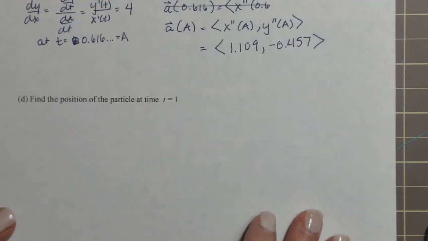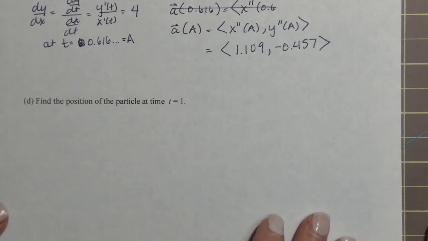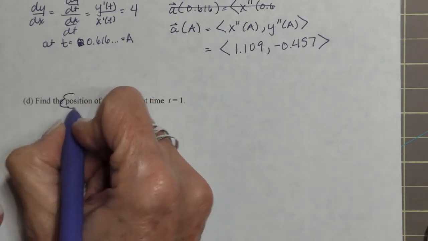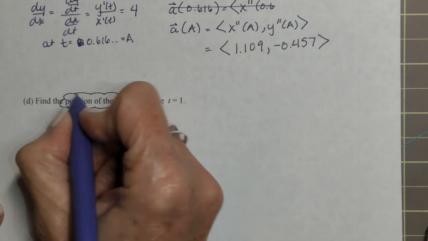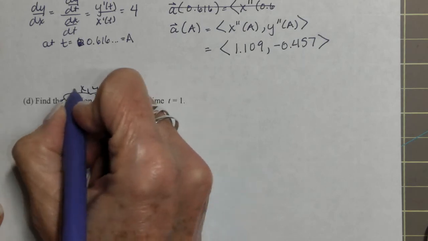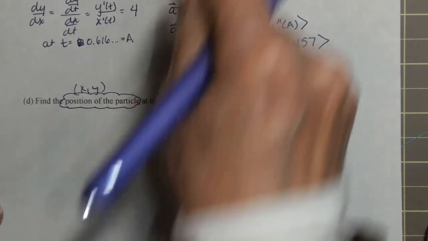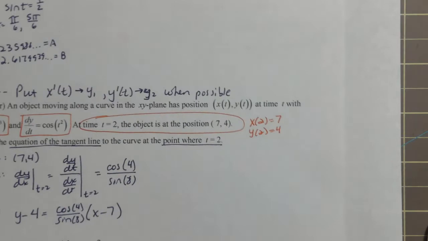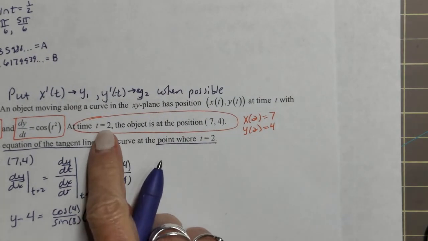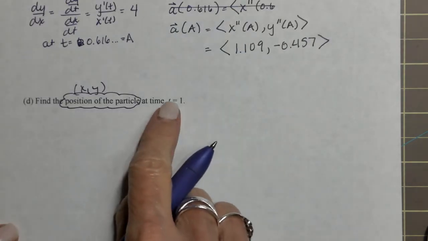All right, part D. Find the position of the particle at time 1. Position. So I need x and y at time 1, right? So fundamental theorem. Remember they gave us the position at time 2. We want the position at time 1.